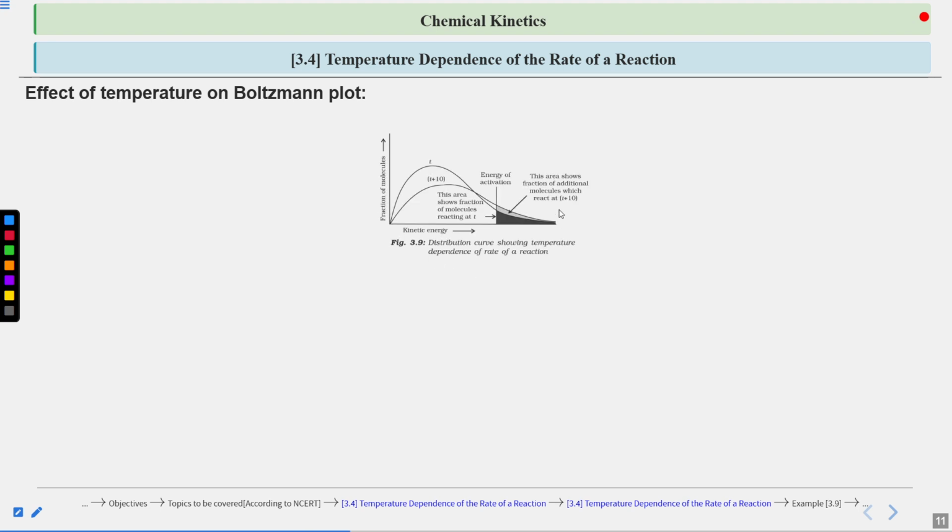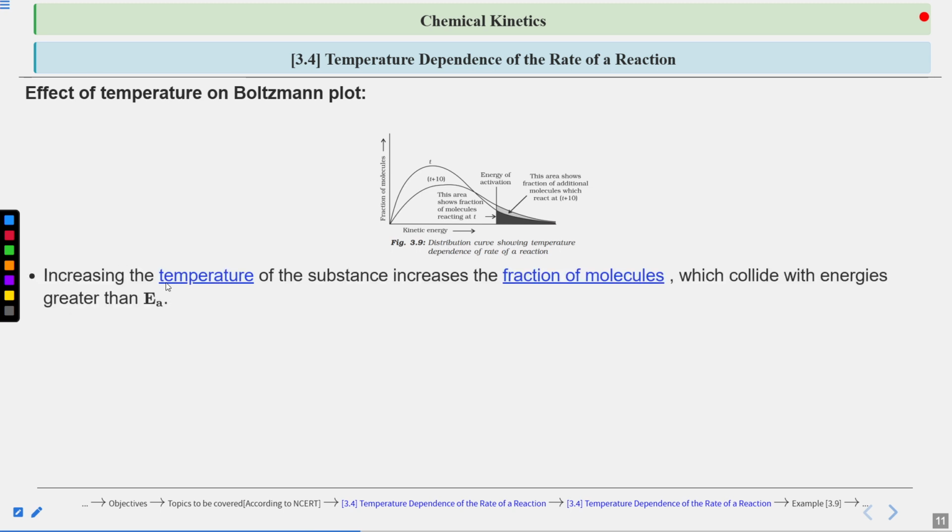Now, we have just seen figure 3.9 showing the effect of temperature on the Boltzmann plot. Increasing the temperature of the substance increases the fraction of molecules which collide with energies greater than the activation energy EA.